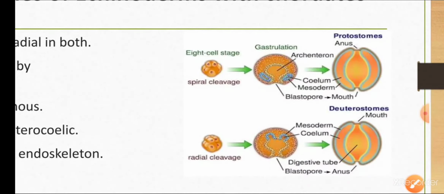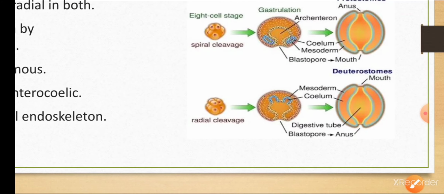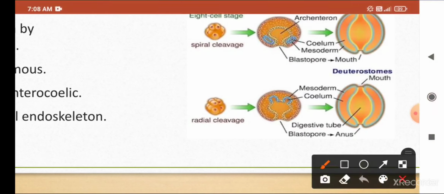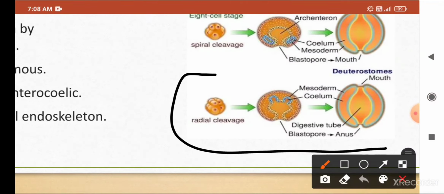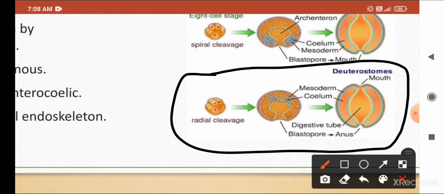But in our next picture, here the anus is formed first, and the mouth is formed later.